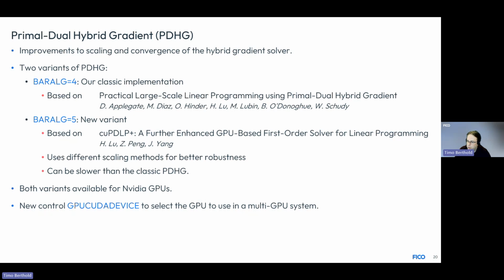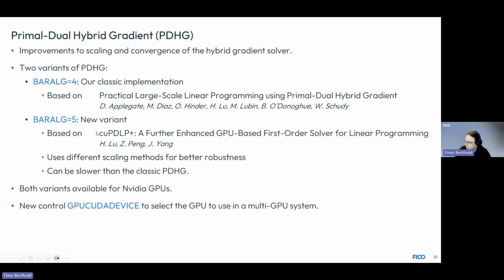And yeah, the way to enable PDHG is to select the barrier algorithm and set the barrier algorithm control to 4. What's new in 9.9 is that we introduced a variant based on the PDLP plus work, which uses different updates and different scaling methods.